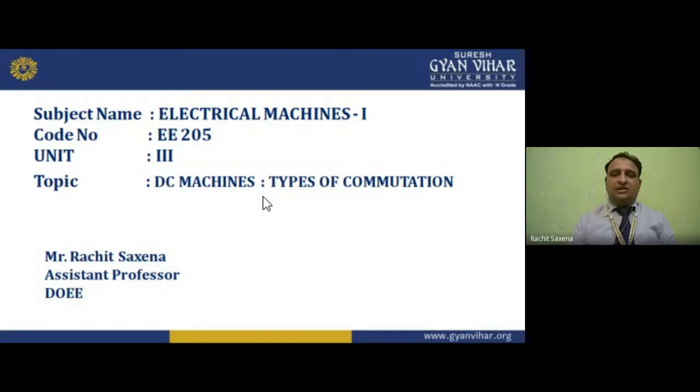In Electrical Machine 1 we have 2 units of DC machine and 1 unit of transformer, and the remaining 2 units are the basics. Basic means the magnetic field, because if I want to convert one form of energy to another, I need a coupling circuit. That coupling circuit is the magnetic circuit.